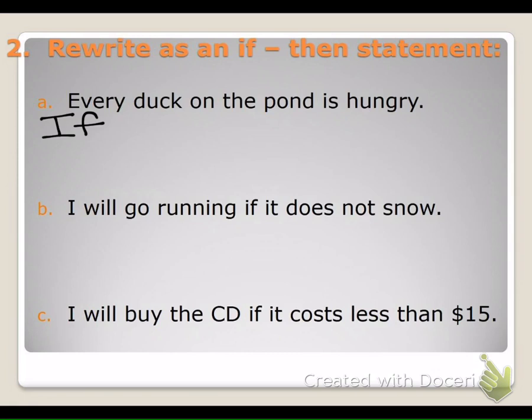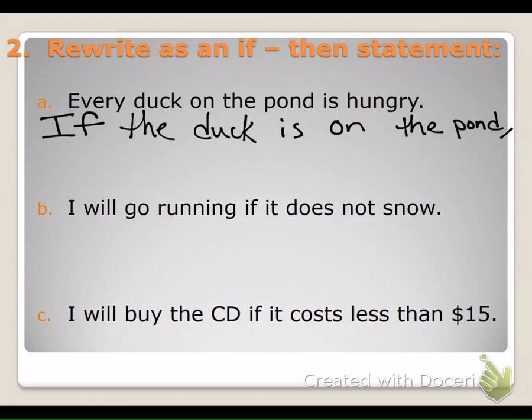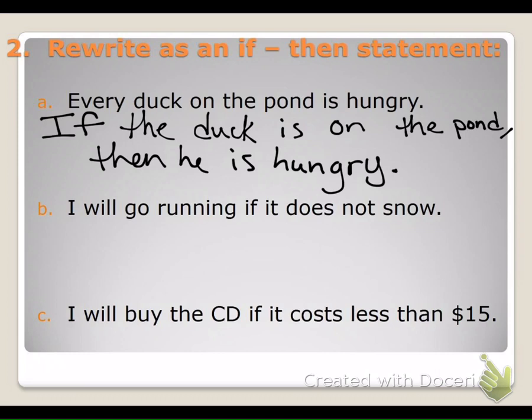I can go with that. I think that's actually the correct way, because it's not like every hungry duck in the whole world is on the pond. But again, some of these take a second. I even question them myself.